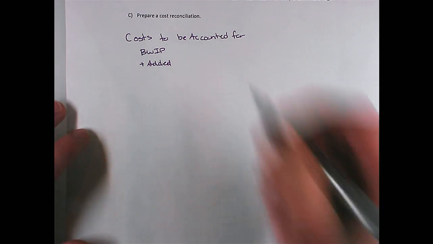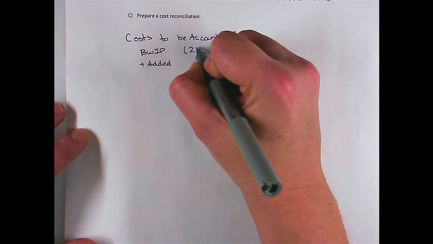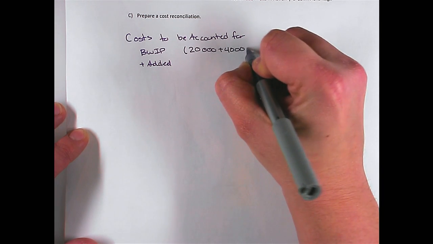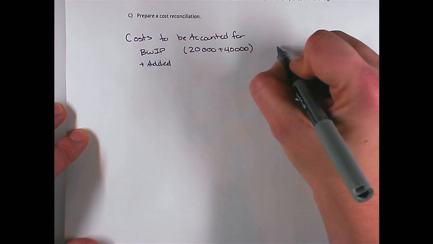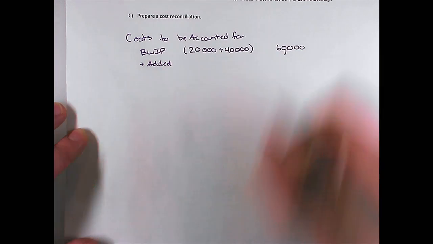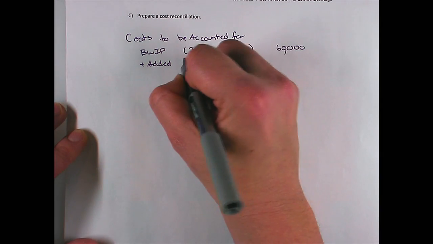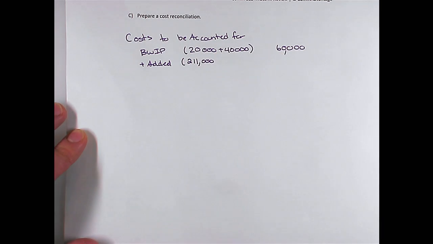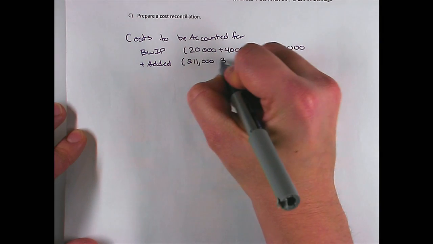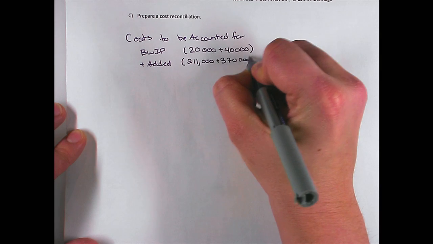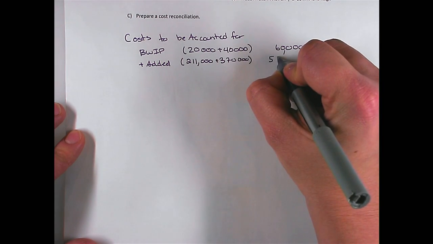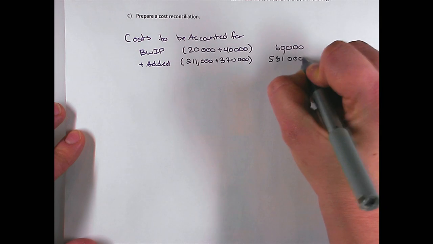So that beginning work in progress, it was 20,000 for our direct materials and 40,000 for conversion. So we're just going to use 60,000. The costs added, it was 211,000 for our materials and 370 for that conversion. So our 581,000.